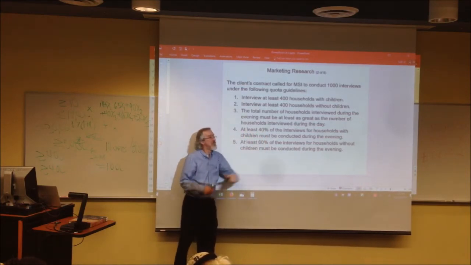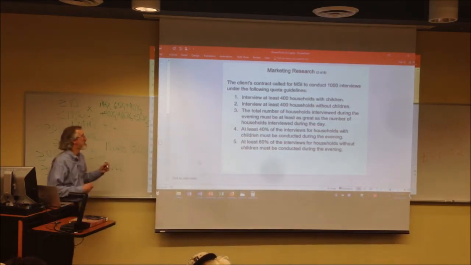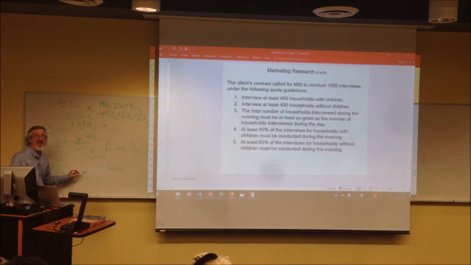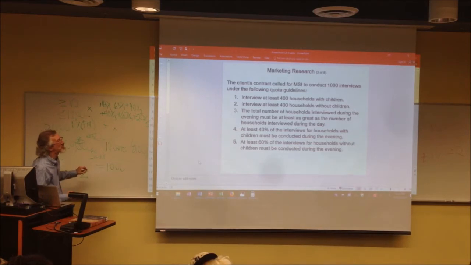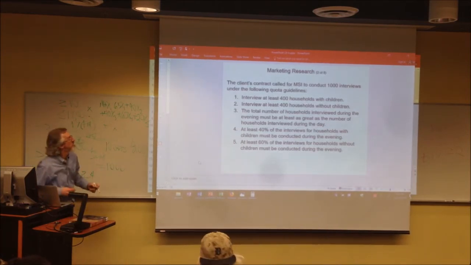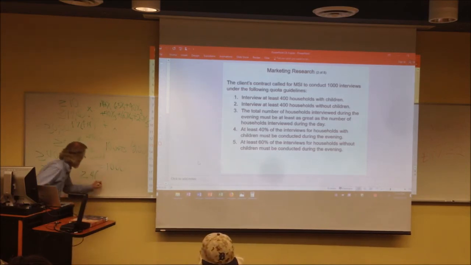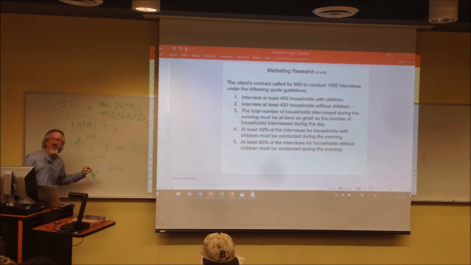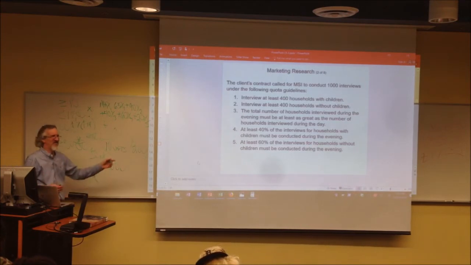At least, greater than or equal, at least 40%, 0.4 of, let me read this, of times, this is Excel, I have to put a star here, right? Can't remember. No, it's a dot.